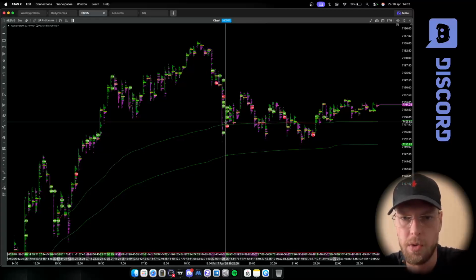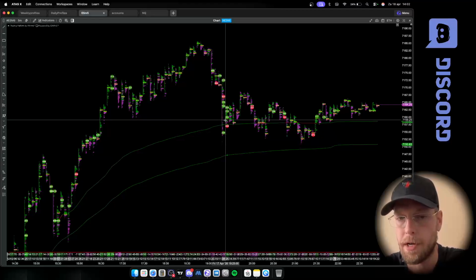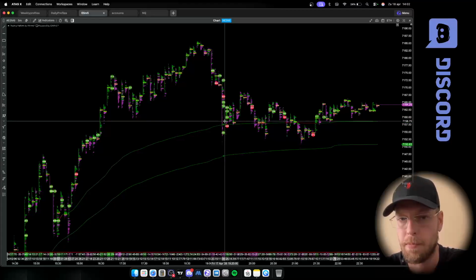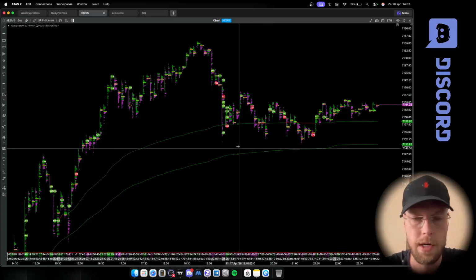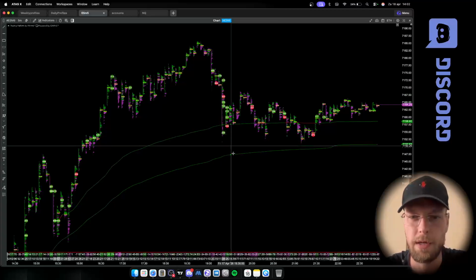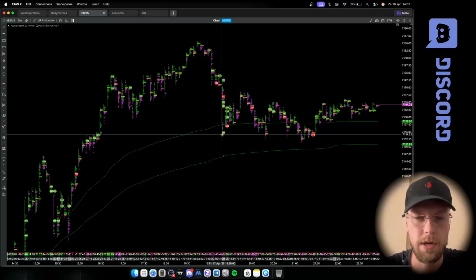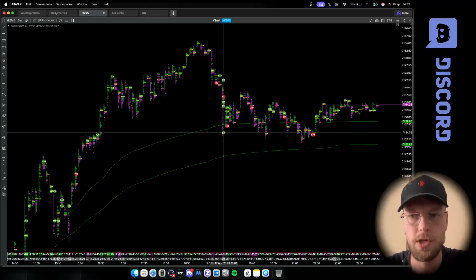So price needs to hold above the RTH VWAP, then we can go long. In this scenario, it swept, in my opinion, maybe too much through the RTH VWAP.